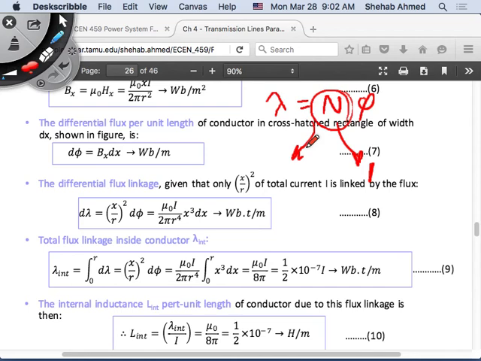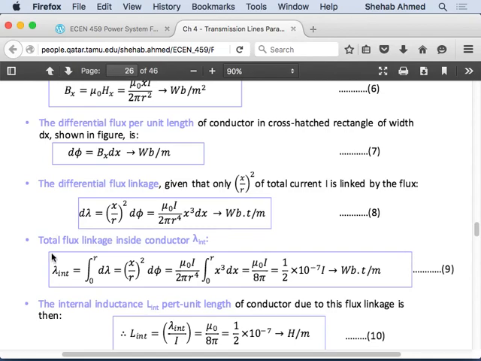This portion is a smaller area versus a larger area, so this n here is x over r, all squared. Everybody's okay with this now? So I'm just calculating the relationship between lambda and phi here. And then, what else?